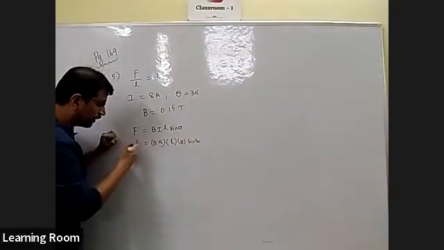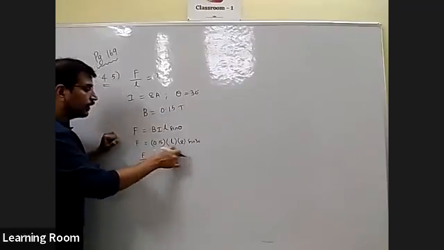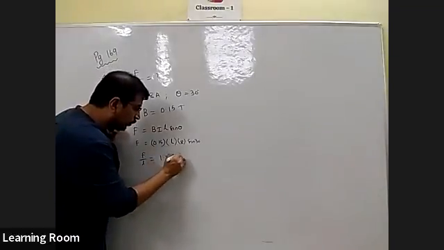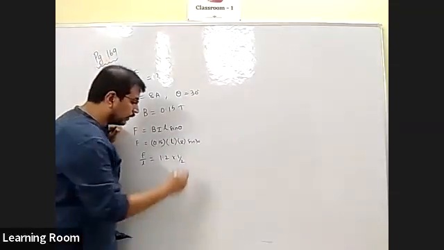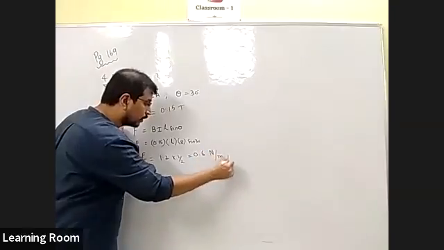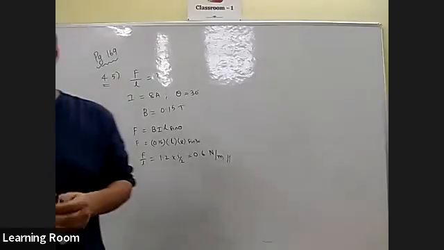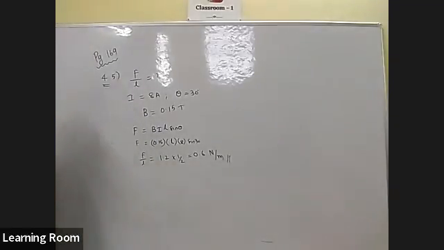Bring L to the left hand side. F by L will be equal to 0.15 into 8, which is 1.2, into half. 1.2 into half is going to give you 0.6 Newton per meter. Is that clear?